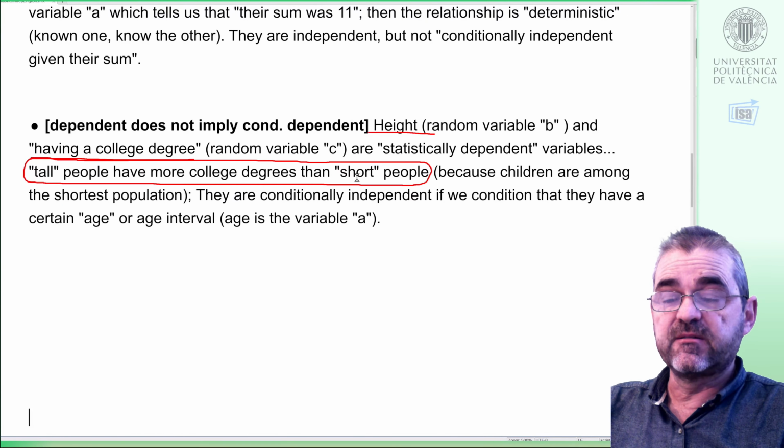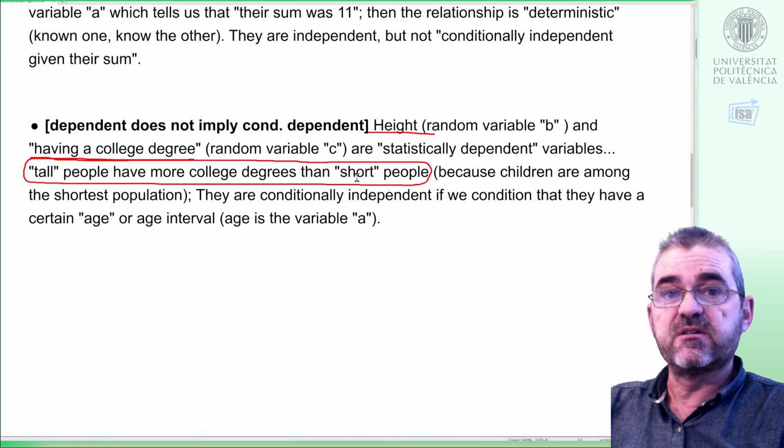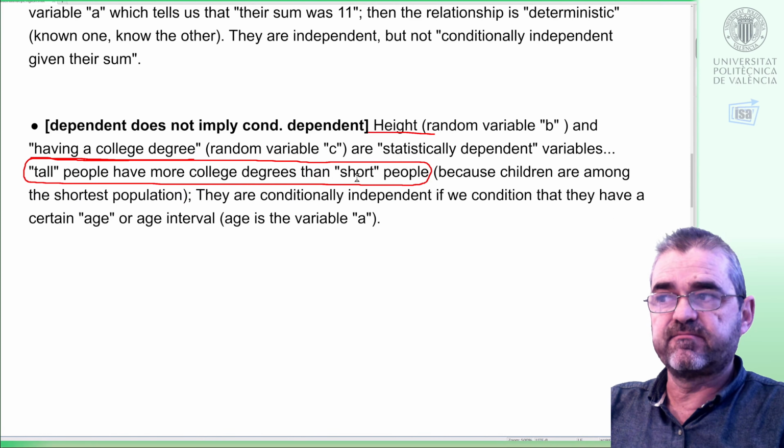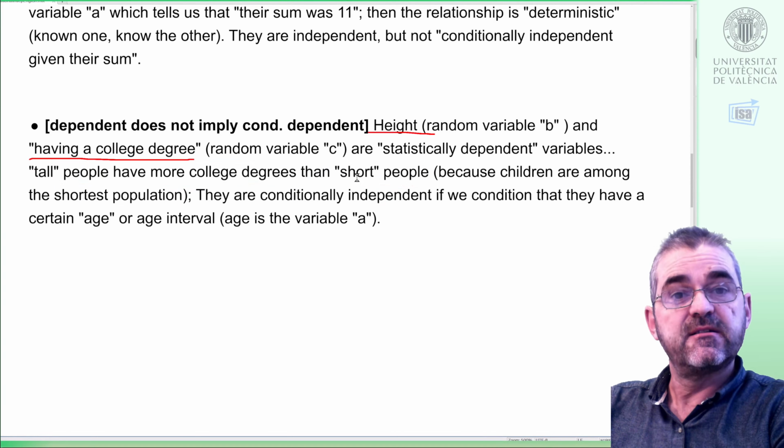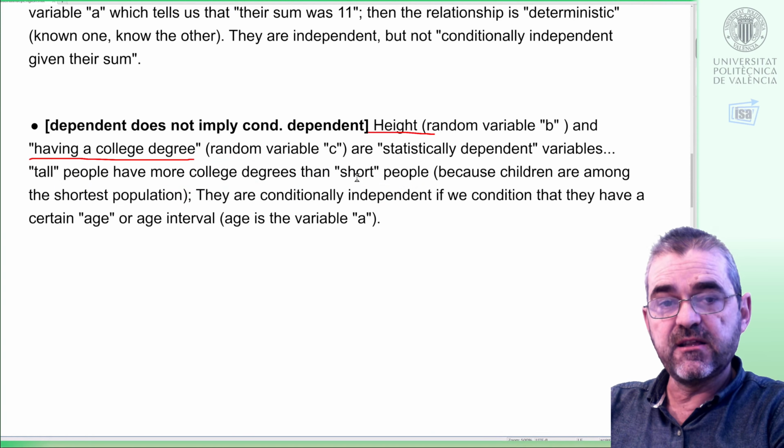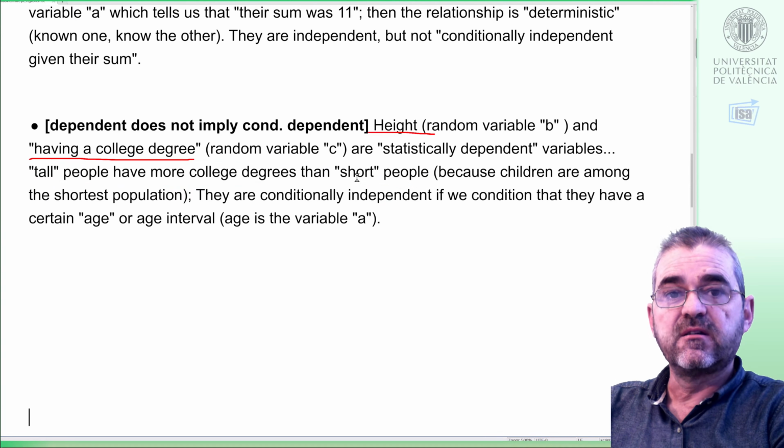So as we are including children and babies in the group of randomly chosen persons, then for sure the likelihood of a university degree among the shortest segment of the population will be almost 0, but the likelihood of a university degree among people that measure more than 1 meter 70 centimeters will be, let's say, 30%. So height and college education are indeed statistically dependent. There is a positive correlation between height and educational level.